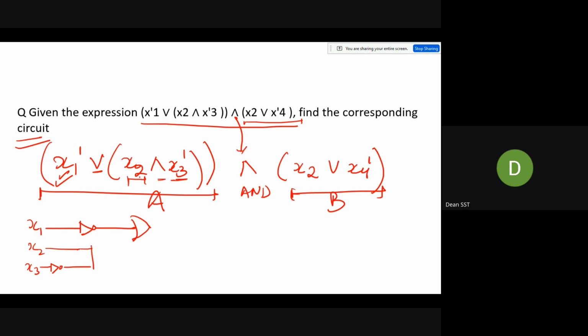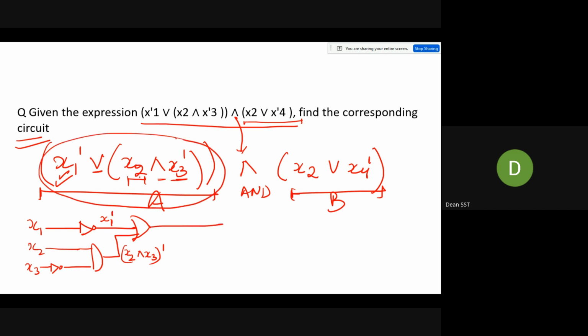Which type of gate? AND. Is it clear? So this is x2 and x3 ka bar, and here you are having x1 ka bar. So this complete A is coming as output. As output you are having x1 ka bar or x2 and x3 ka bar.